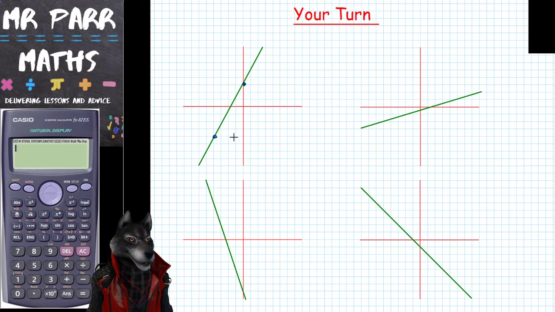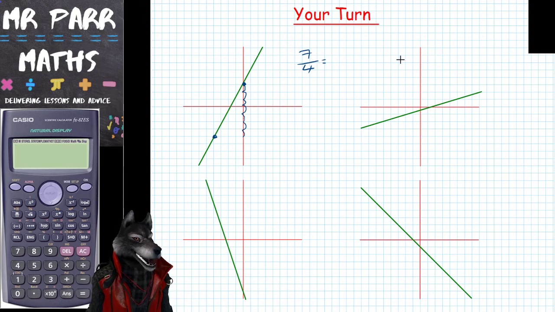Rise over run. So 1, 2, 3, 4 across. There's my run. 1, 2, 3, 4, 5, 6, 7. Is that right? 1, 2, 3, 4, 5, 6, 7. So that's 7 over 4.